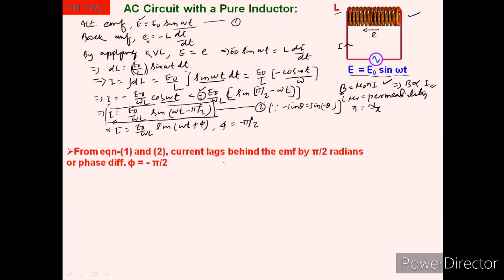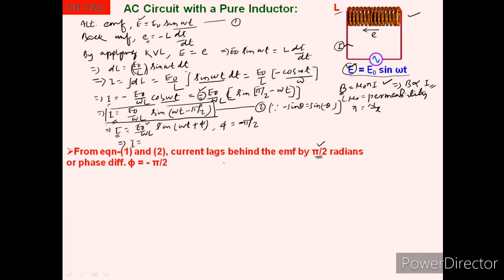It means the current lags behind the EMF, because the minus sign is there. It lags behind the EMF by a phase of pi by 2. Meaning whatever value is achieved by the EMF, that value is achieved by the current after a phase of pi by 2. That we will understand in the graph a little later.